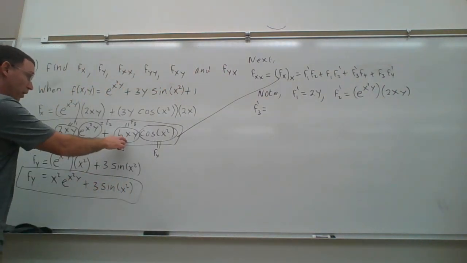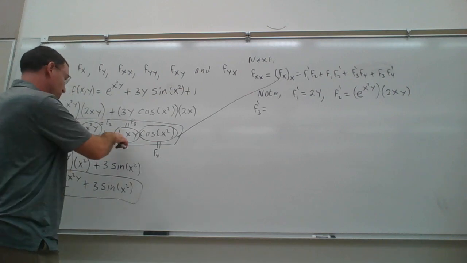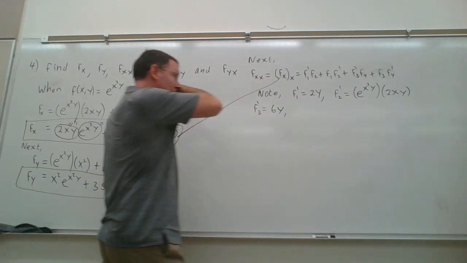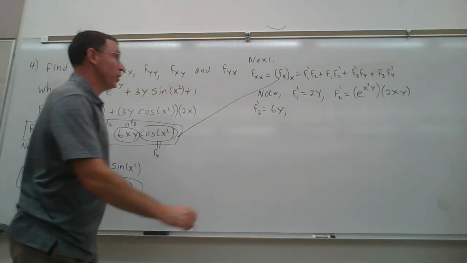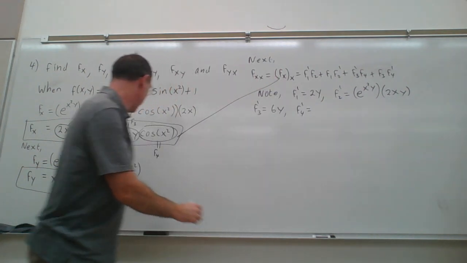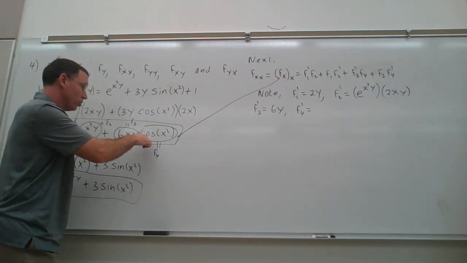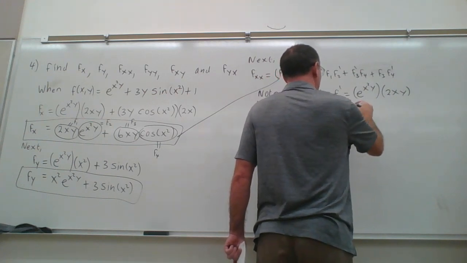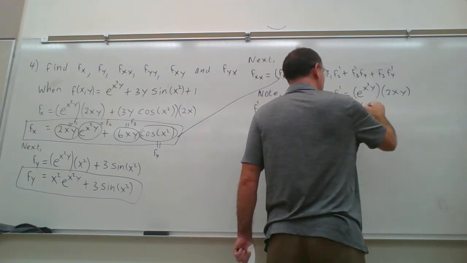F3 is 6xy, so derivative with respect to x would just be 6y. And lastly, f4 prime. So using chain rule, derivative of cosine would be minus sine x squared times derivative of x squared, which would be 2x.